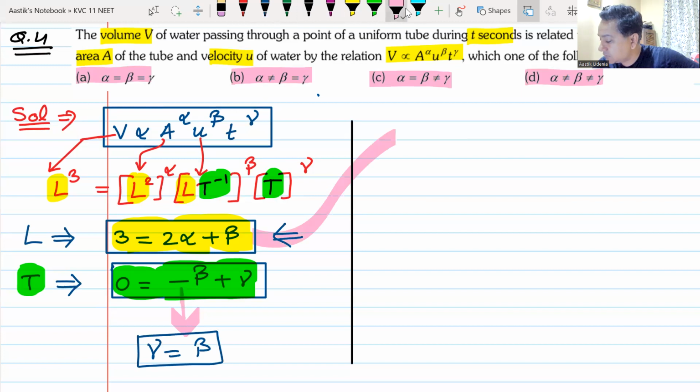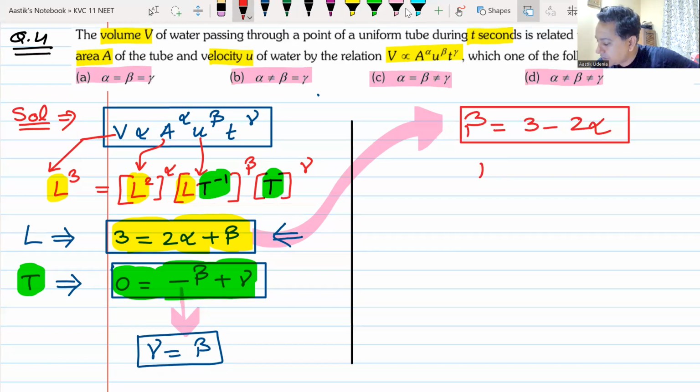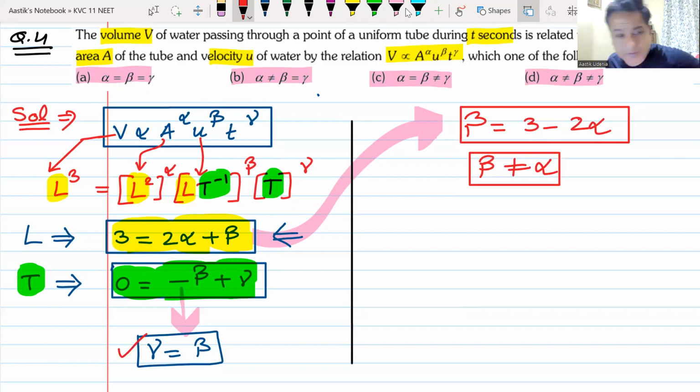From this equation, I can see that my beta will be equal to 3 minus 2 alpha. That means beta is not equal to alpha. We can understand it from this one. But at the same time, gamma is equal to beta.